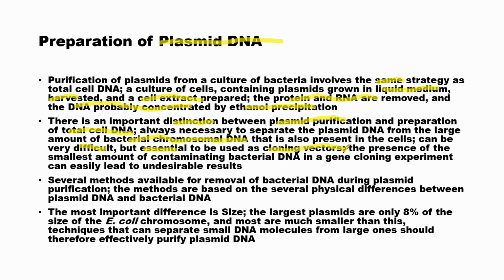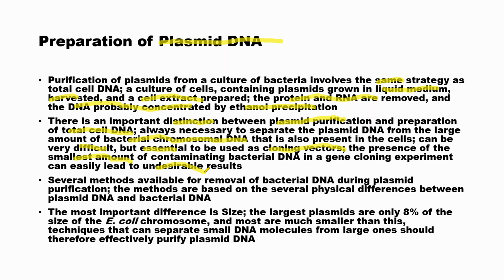Okay. So if we are going for plasmid DNA preparation, we have to make sure our plasmid DNA preparation is free of any chromosomal DNA contamination. The presence of the smallest amount of contaminating bacterial DNA in a gene cloning experiment can lead to undesirable results.